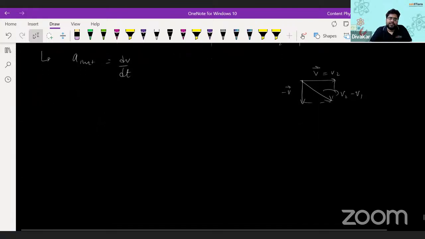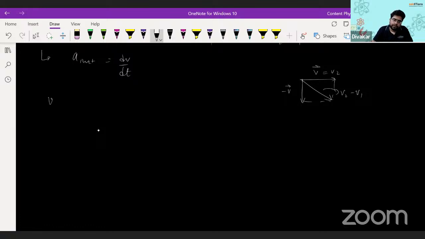Similarly, instantaneous acceleration is dv by dt, but if I do a slight manipulation here, because I know another formula, which is v is equal to dx by dt. So from here, I'll get dt as dx by v. Now, if I substitute this value here, you get another formula for instantaneous acceleration, and that is v dv by dx. So there are two formulas for instantaneous acceleration: one is dv by dt, the other one is v dv by dx.